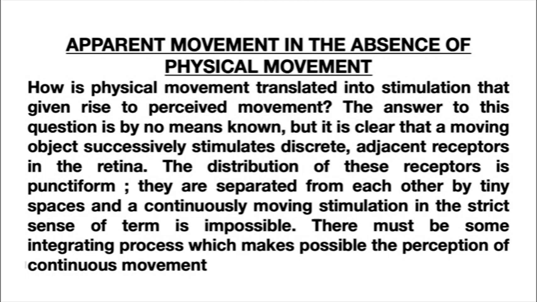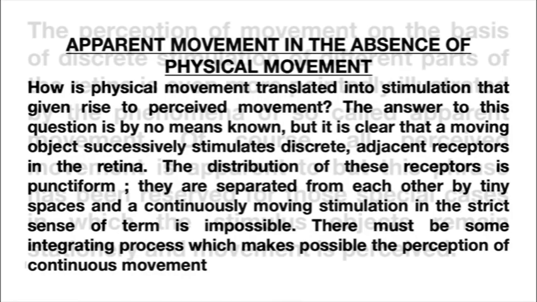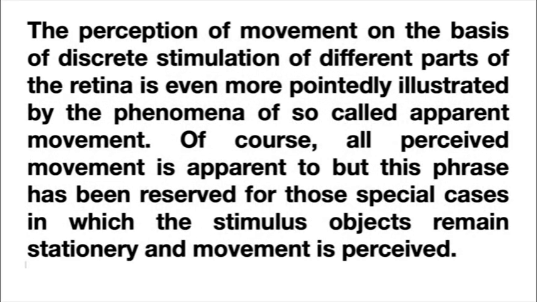They are separated from each other by tiny spaces and a continuously moving stimulation. The perception of movement on the basis of discrete stimulation of different parts of the retina is even more potentially illustrated by the phenomenon called apparent movement.